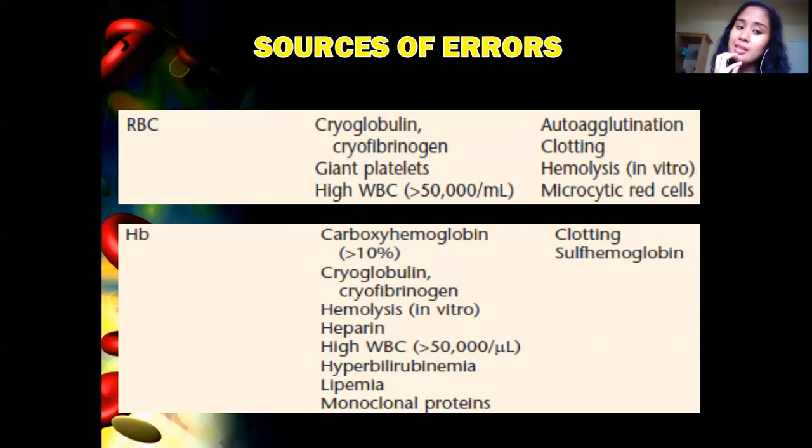Ito, kasi class, di ba, hemoglobin is measured through a photometer or spectrophotometer, di ba? So, turbidity increases the measurement of hemoglobin.